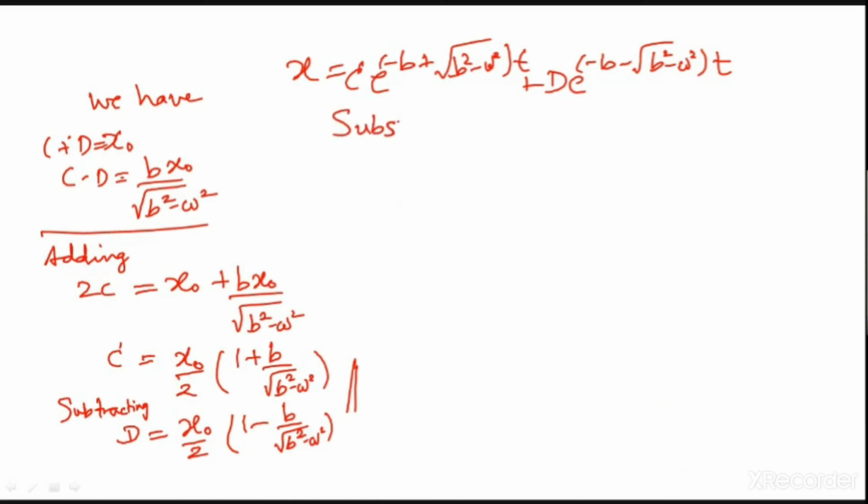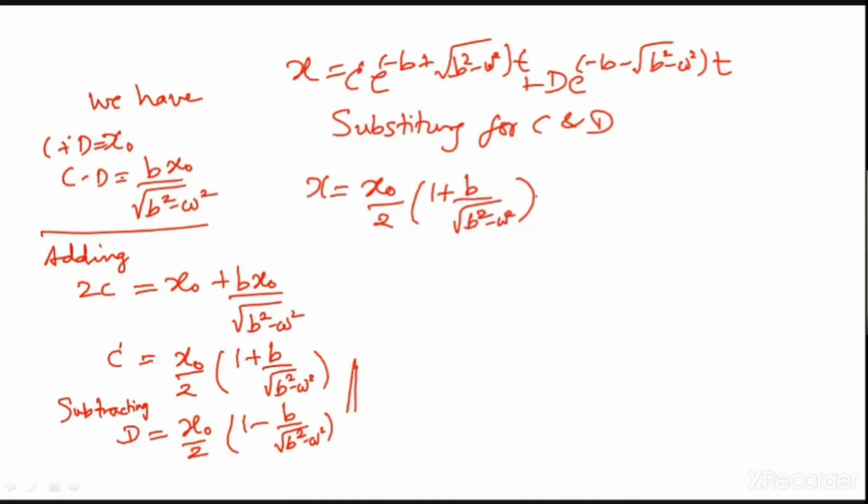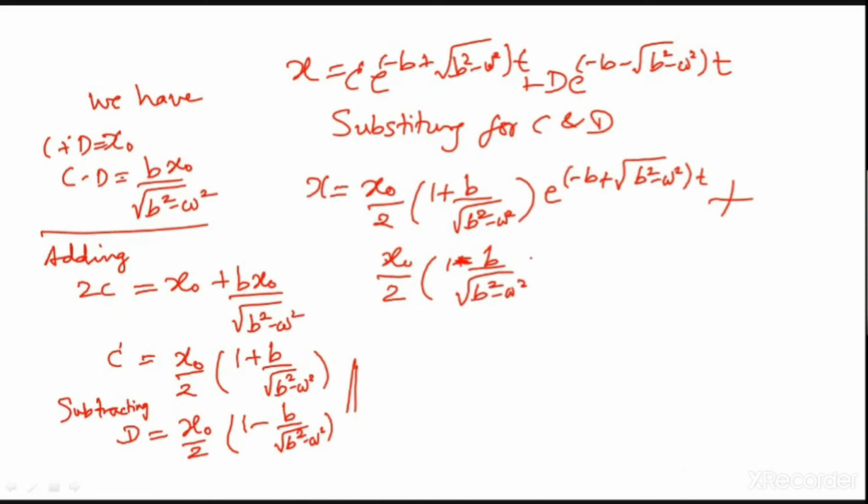Substituting for c and d, we get x is equal to x naught by 2 times 1 plus b by root of b square minus omega square, e to the power of minus b plus root of b square minus omega square into t, plus x naught by 2 times 1 minus b by root of b square minus omega square, e to the power of minus b minus root of b square minus omega square t.